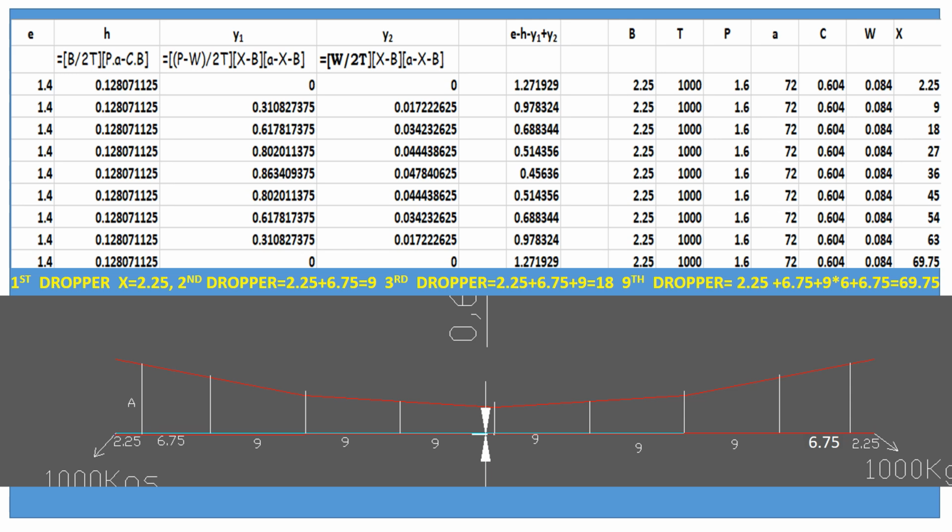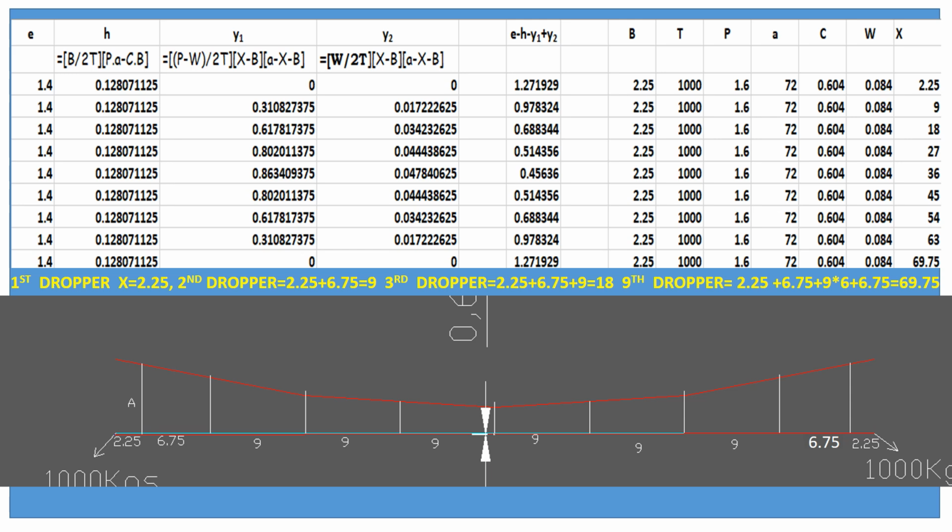It's very easy to find out the spacing of the dropper, because of the standard span, that means a span which is divided by 4.5 but not by 9. That spacing is somewhat easier.